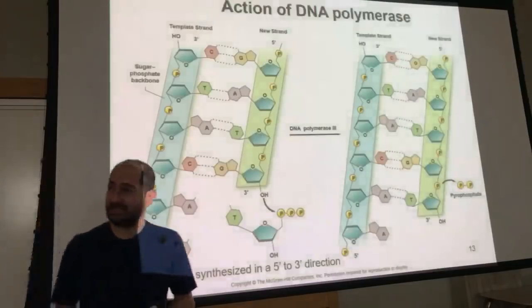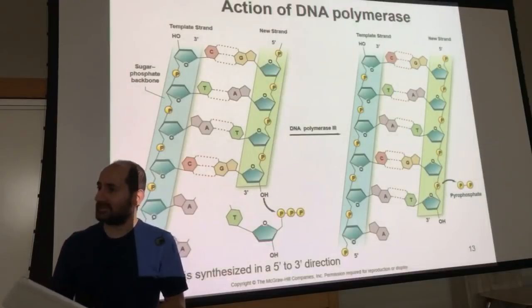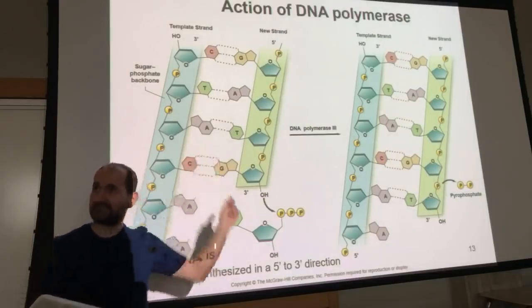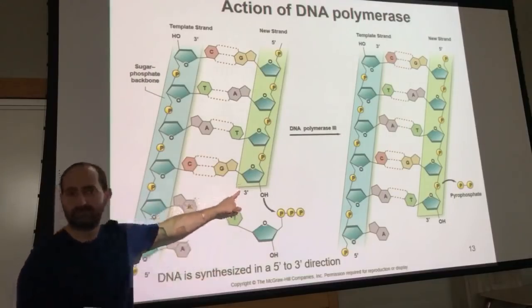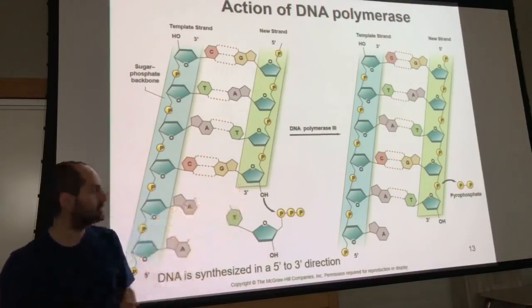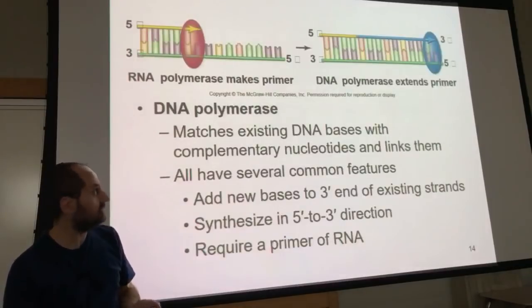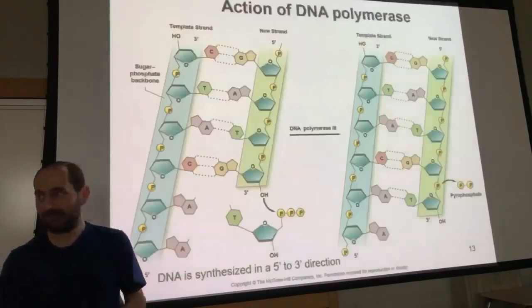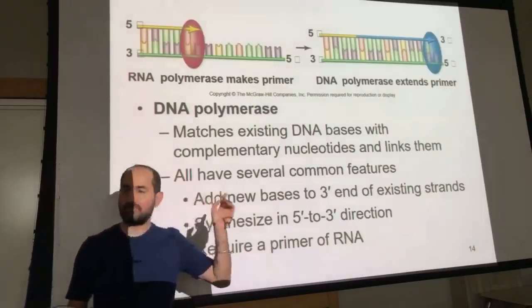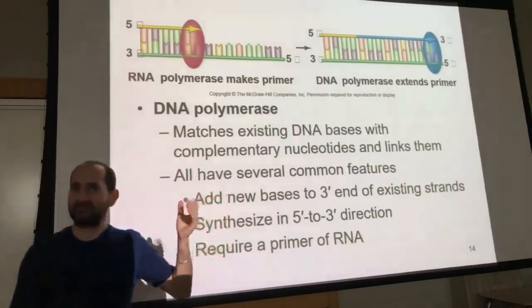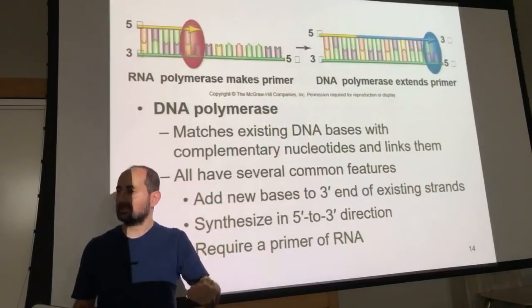Which way is DNA synthesized? In what direction? 5' to 3', with respect to the new strand, the daughter strand. Good. And the enzyme that does most of that copying is called DNA polymerase III in prokaryotes. And do you remember that DNA polymerase III can't copy DNA from scratch? It can't start a second strand.